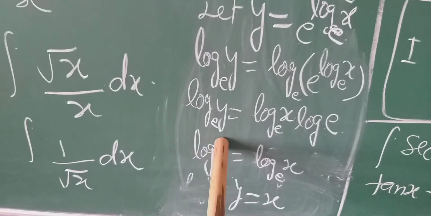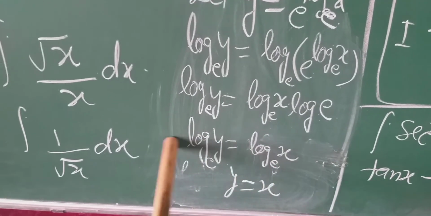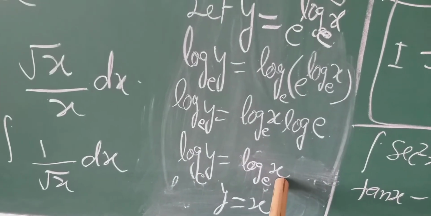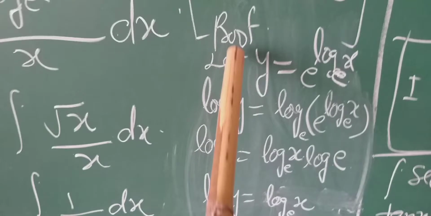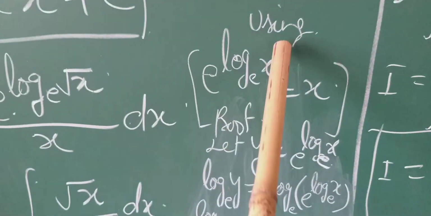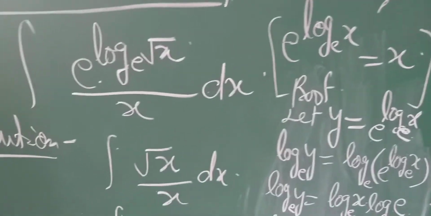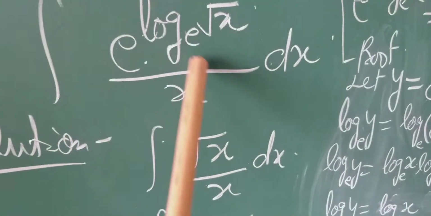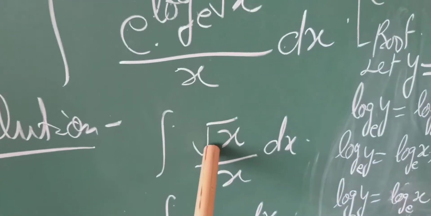So log y equals log x. So y equals x. On comparison, correct? So it means e to the power log x equals x. So that's why we have written here e to the power log e base root x equals root x.